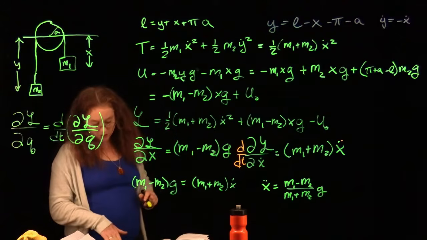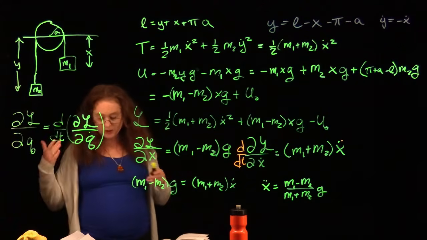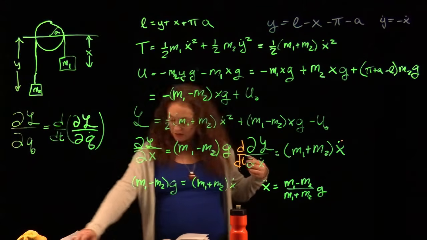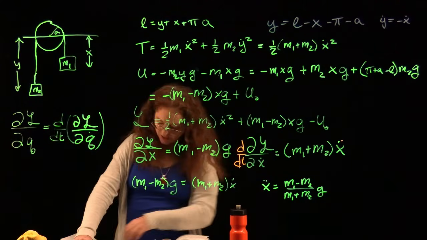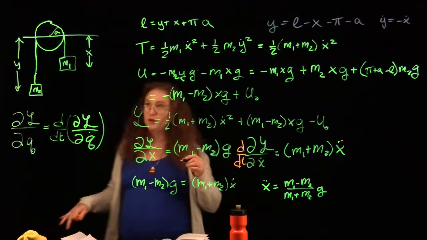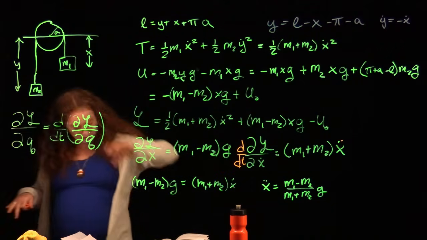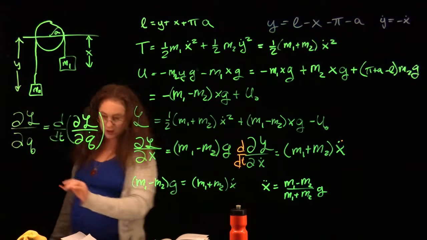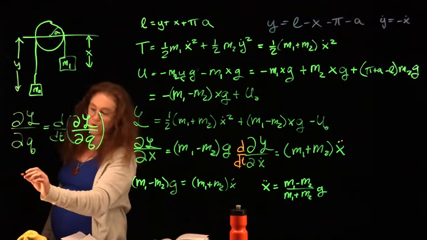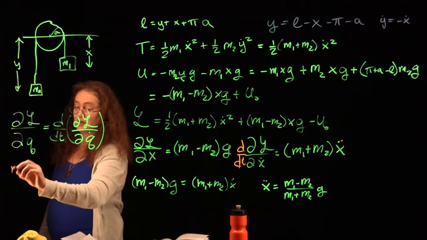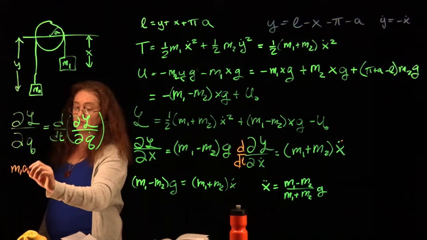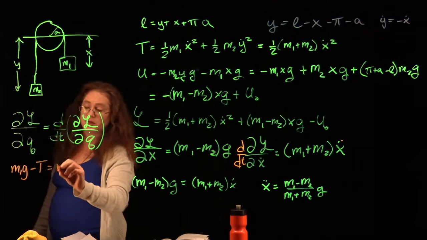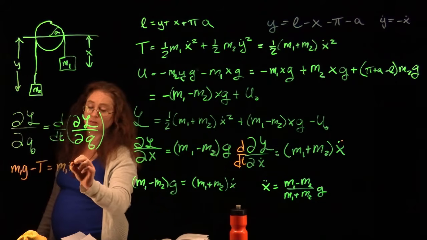Okay, so if we use Newton's laws in this case, we would look at the net force, and we would have to say that the net force on 1 is mass 1 times g minus the tension equals m1 x double dot.